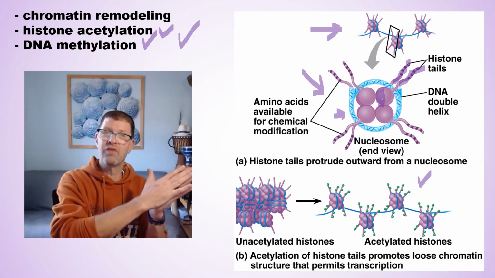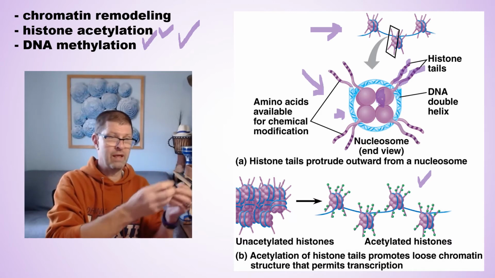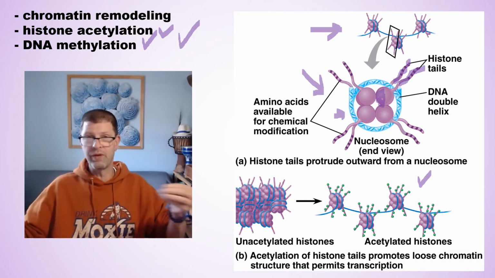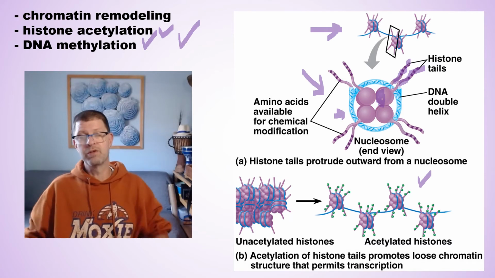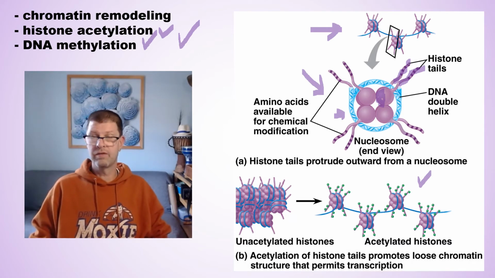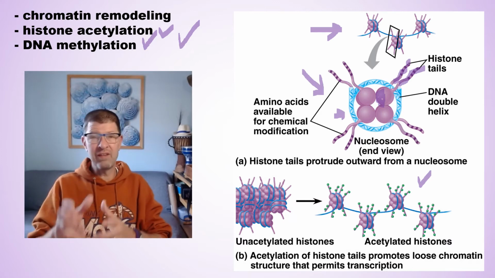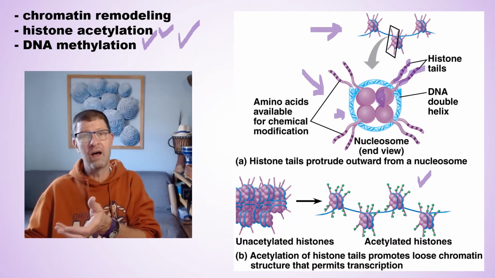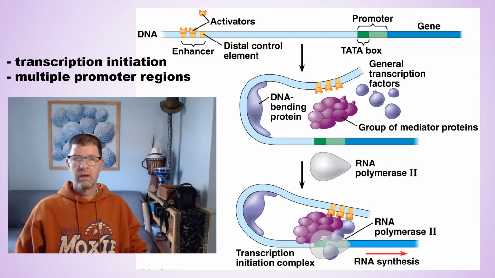If they get all over certain parts of the DNA, then the DNA polymerase won't be able to see it, read it, or copy it, but then also won't be able to transcribe it into RNA. So anyway, just giving you the idea that there are things that happen long before we get to the point of actually making an RNA transcript that can prevent these genes from being expressed.